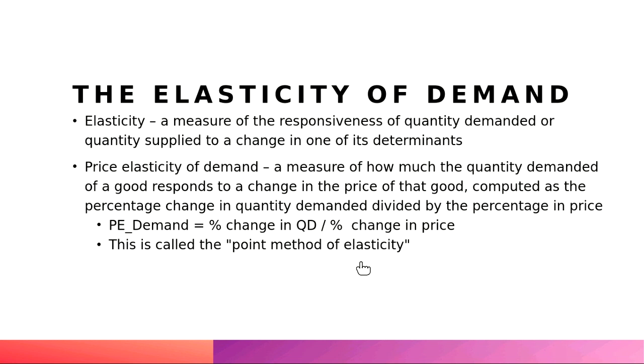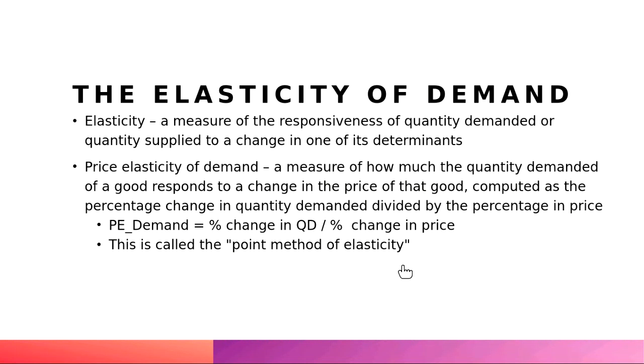Now, for the point method of elasticity, I don't have it called up here. Unfortunately, the textbook doesn't provide an example, but I do want to specify this out loud very clearly. To calculate the point method of elasticity, you take the initial quantity, subtract the new quantity demanded you're moving to, and divide it by the original quantity.